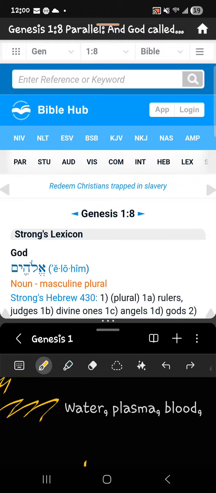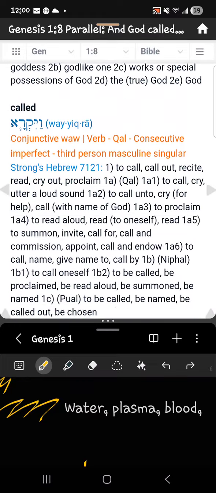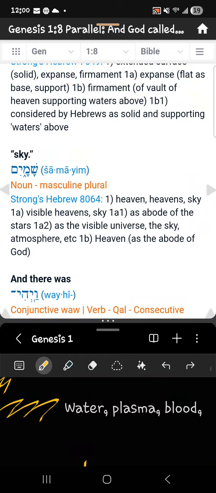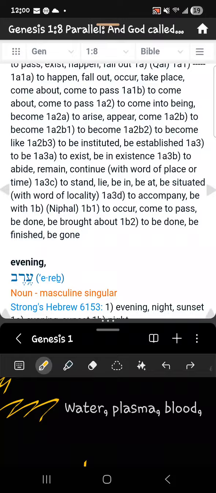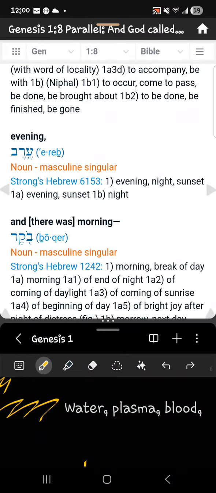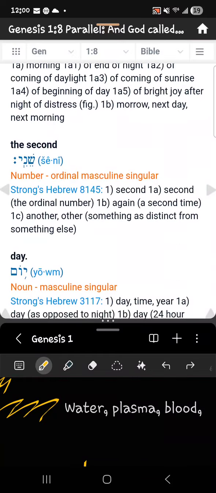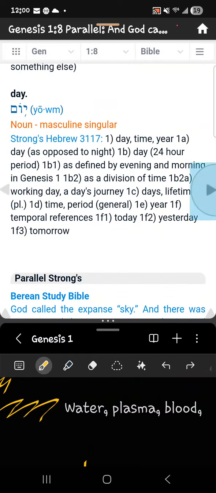It's revealed to us. Allah Hayam called Wayakara the expanse Shamayim, consuming waters, right? And there was an Ayarab, there was evening, and there was Baqar, the Shanai Yawam, the second day.